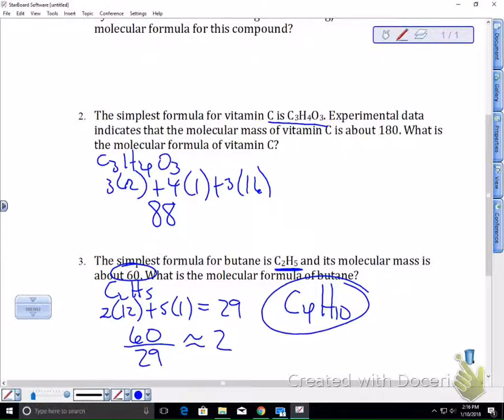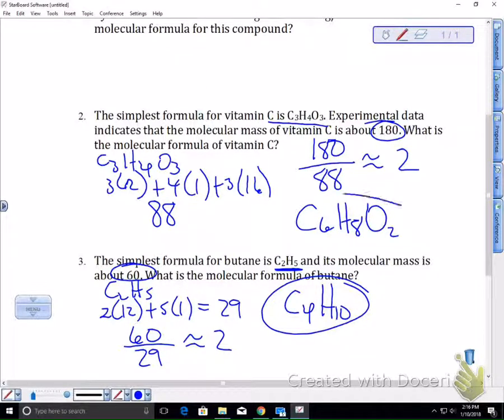Again, that does not equal what the molecular mass is found to be in the lab. So let's divide. Again, it doesn't come out to be exactly a whole number, but it's pretty close. It's almost 2. So the real world molecular formula for this compound is C6H8O2.